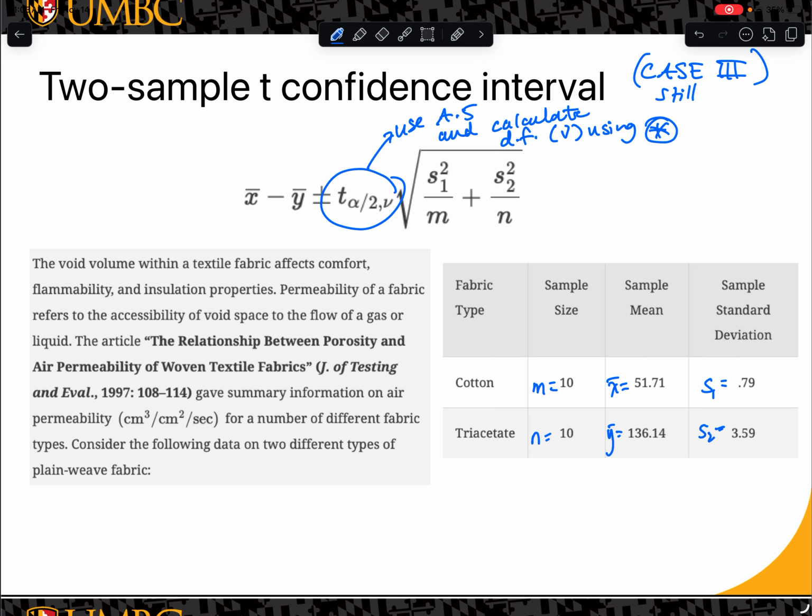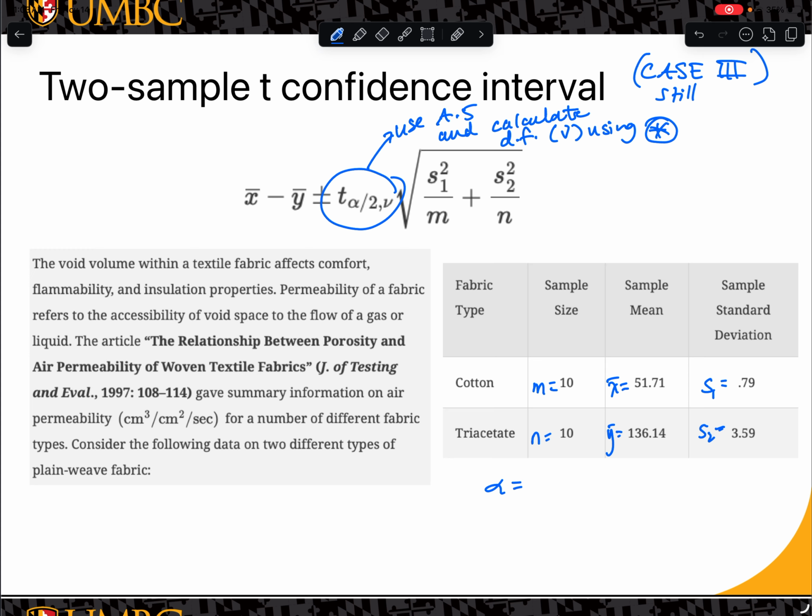Once you get the degrees of freedom, your alpha on this problem is not given. We're not given a particular confidence level that we are trying to achieve because the text doesn't mention the confidence interval.